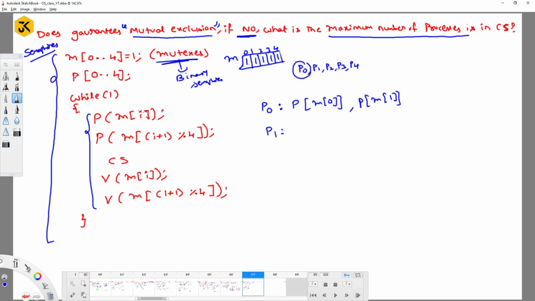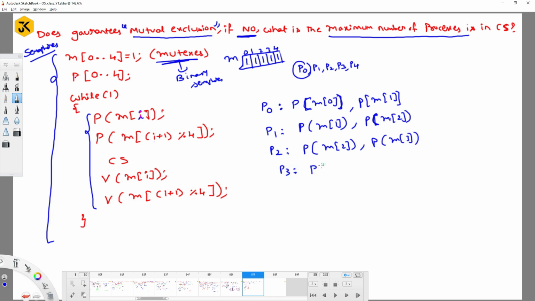I am simply substituting the values here, i means 0. Now if you substitute 1, what will happen? P of m of 1, comma P of m of 2, because 1 plus 1 modulus 4 gives 2. Don't get confused. Process P2, if it gets the chance, P of m of 2, P of m of 3.